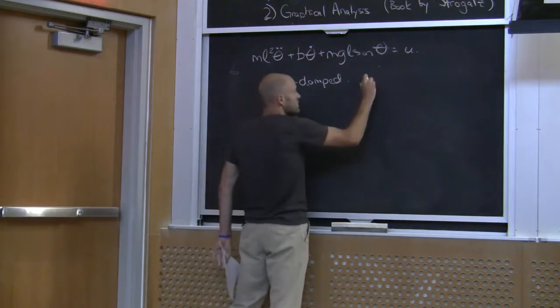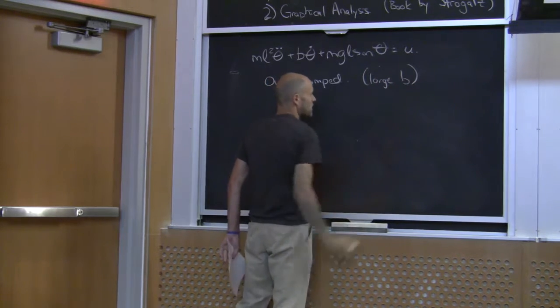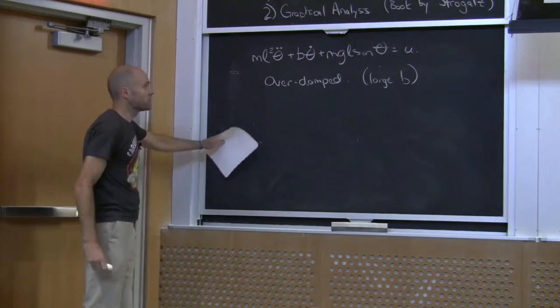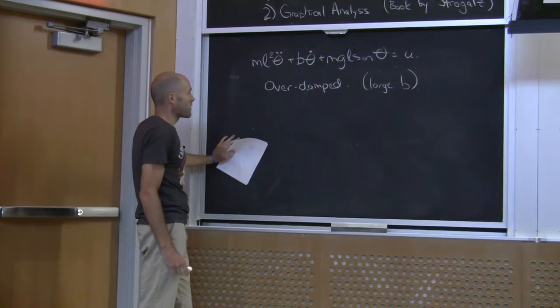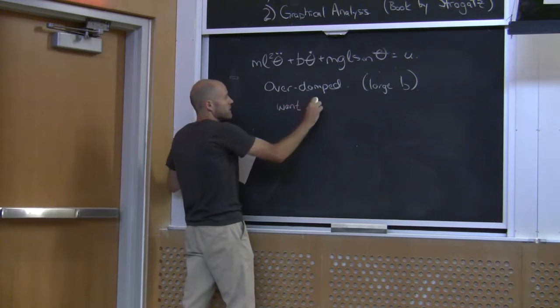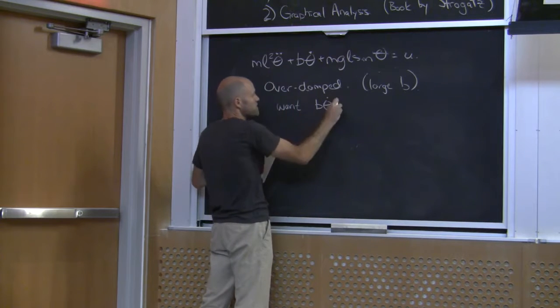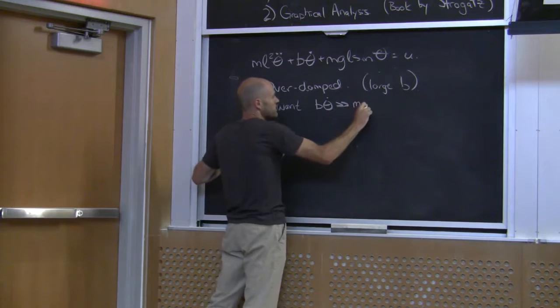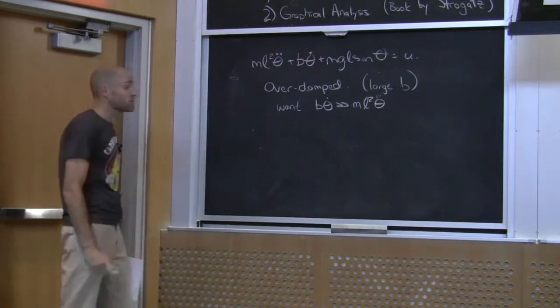Let's be a little more careful than that. What I really want is for my B theta dot term to be much bigger than the contribution from my ML squared theta double dot term.